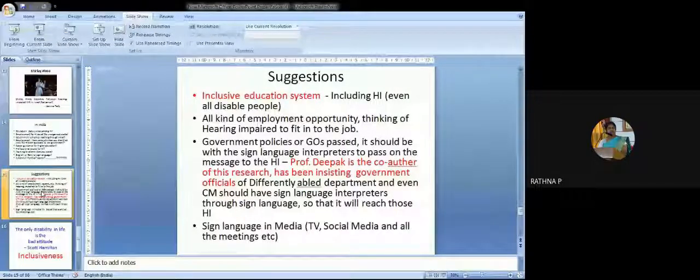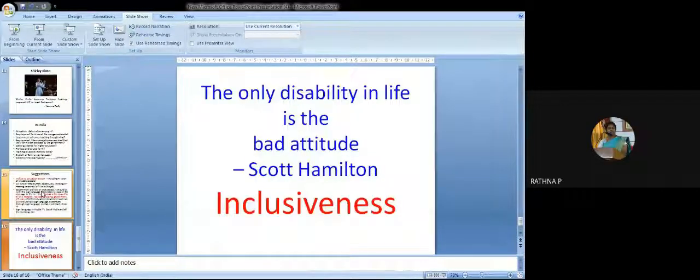And my last suggestion: sign language in media, television, social media and all other meetings, in offline meetings also, whenever you have a disabled person, in the sense a hearing impaired person, please do have a sign language interpreter. So including all this, I'll finish my presentation with this quote.